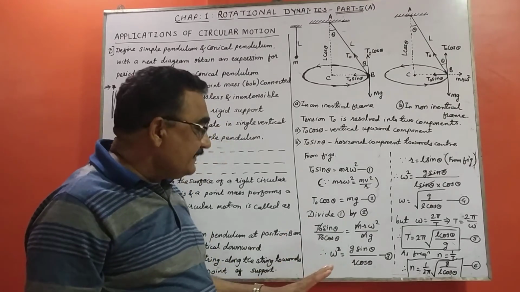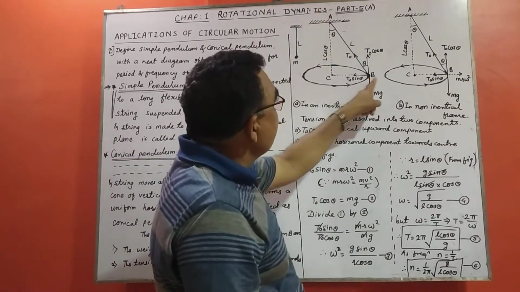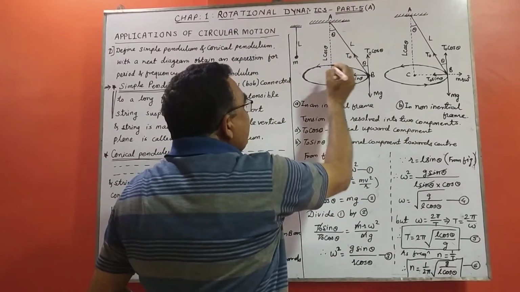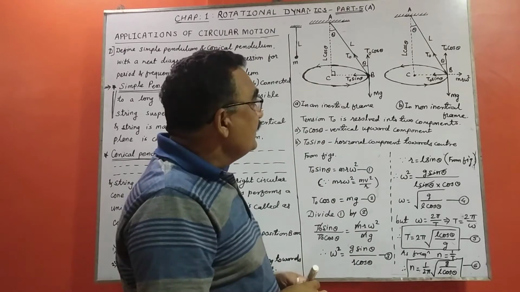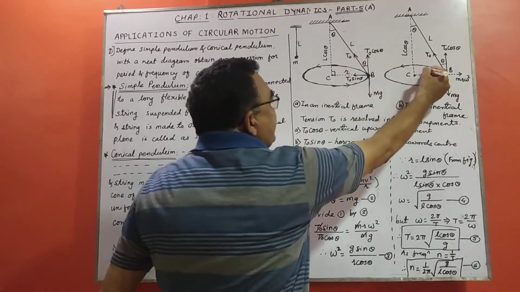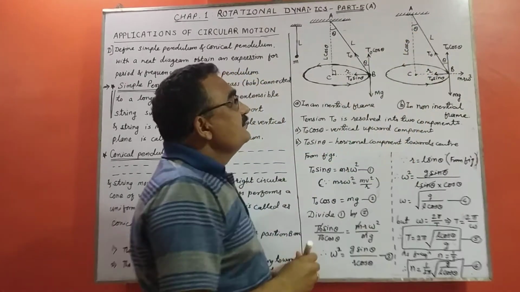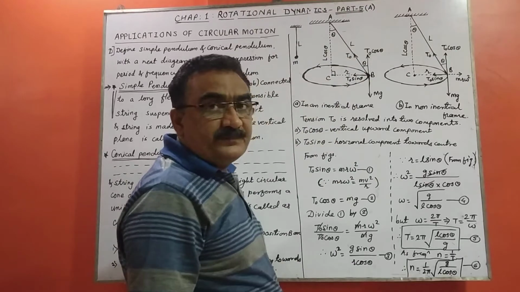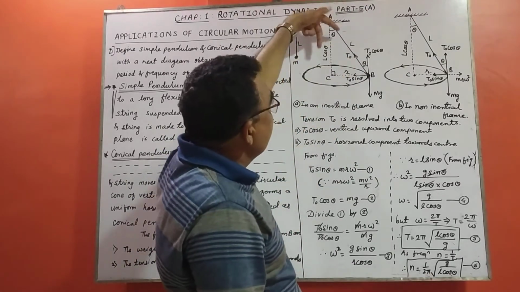This is omega square. But in this diagram, this is a right angle triangle. Now we can show the right angle here. If you want to find this r, where r is the radius, it is opposite to theta. So in this triangle, we can find sin theta.